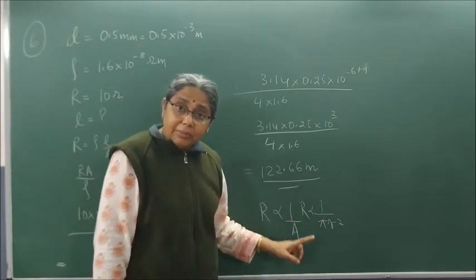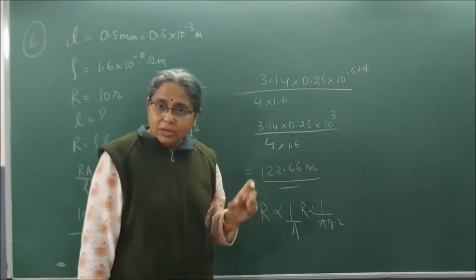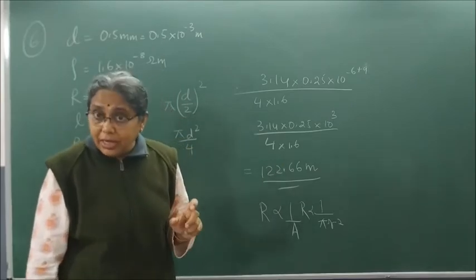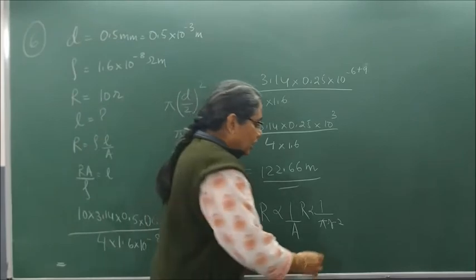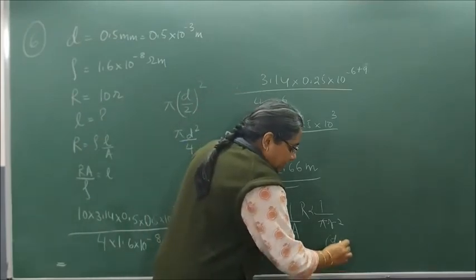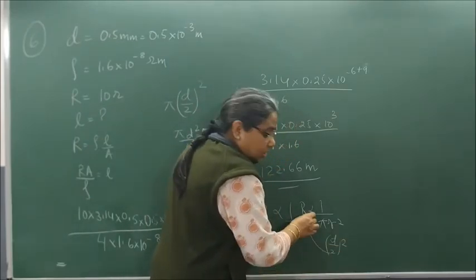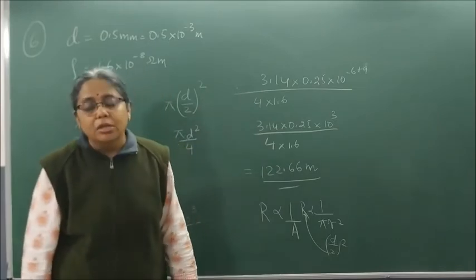Now if I double the diameter, how much will the radius become? 1 by 4. Sorry, resistance will become 1 by 4, because you take D by 2, D by 2 whole square. So this goes as 4. Understood? So please write.